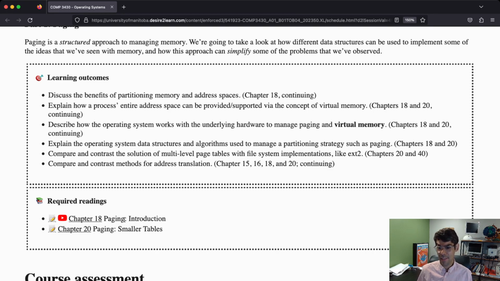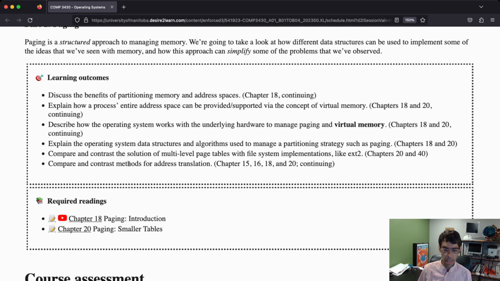How they work is slightly different, but the concept is fundamentally the same between linear page tables and page directories or multi-level page tables. Explain the operating system data structures and algorithms used to manage partitioning strategies such as paging. So data structures here again are linear page table and page directory or multi-level page table.